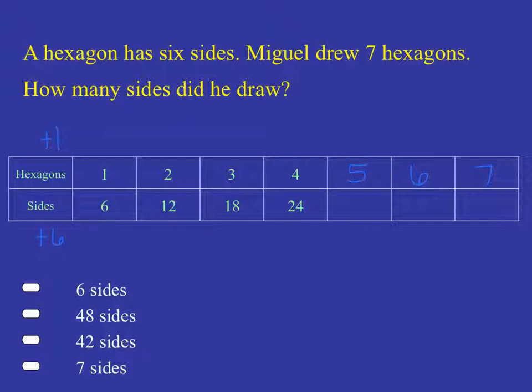So then we've got 30, 36, and 42. So if Miguel drew 7 hexagons, how many sides did he draw? 42 sides. And again, my bubbling up is not so great.